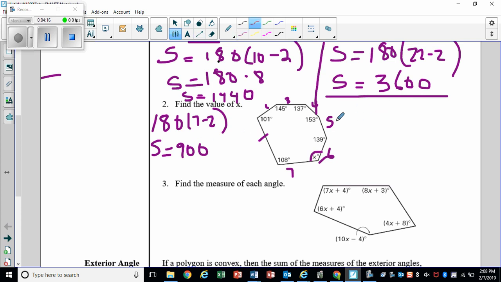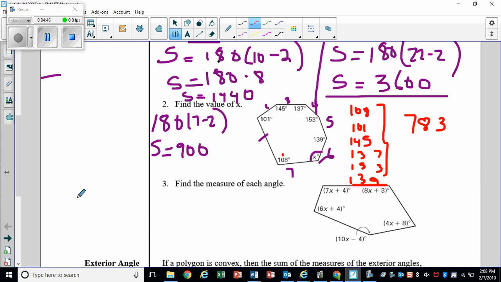So I'll start with 108, which is this angle here. 108 plus 101 makes it easier if you add it straightforward. 145, 137, 153, and then 139.